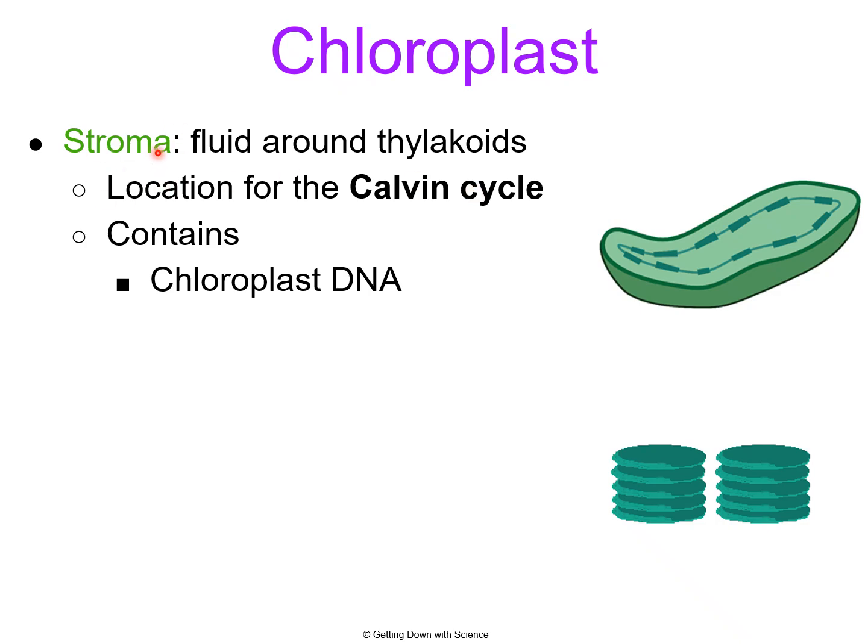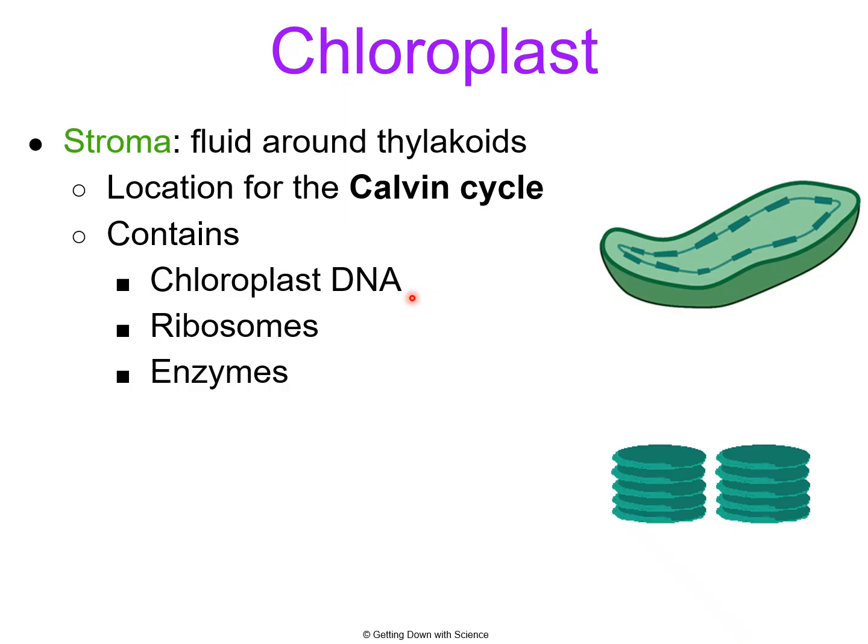This stroma also contains chloroplast DNA. And remember, we said from the endosymbiont theory, the chloroplast has its own genetic information. Also, this is where we're expecting ribosomes to be found. And again, ribosomes are found in chloroplasts, which means that they synthesize their own proteins.